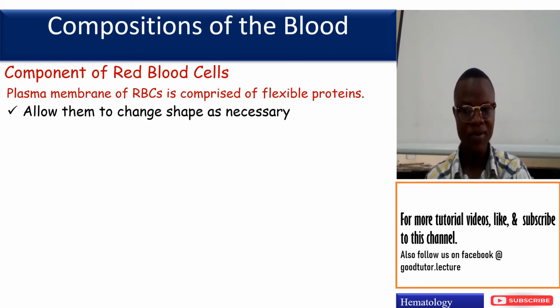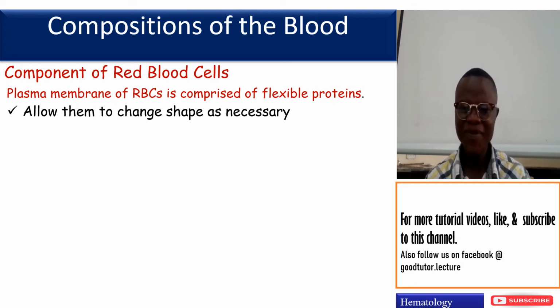Like when red blood cells travel through capillaries, venules, I mean, those are very small vessels. So to allow the blood cells to maneuver their way through the body, they have a very flexible plasma membrane that allows them to change shape.